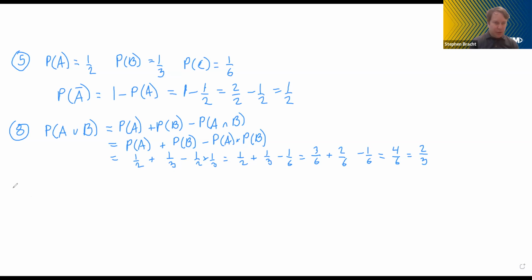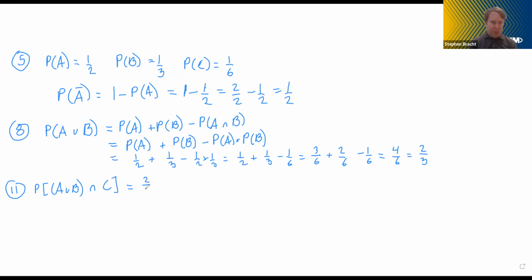Coming down here, let's take a look at number 11, which says: probability of the union of A and B intersected with C. We've already found the probability of the union of A and B up here in problem 8. We found that to be 2/3.